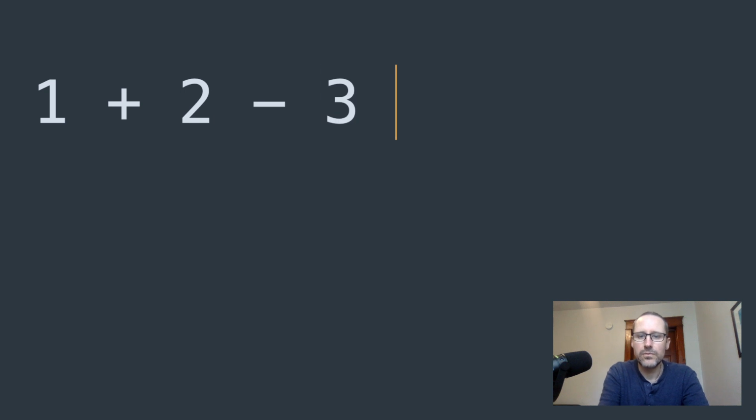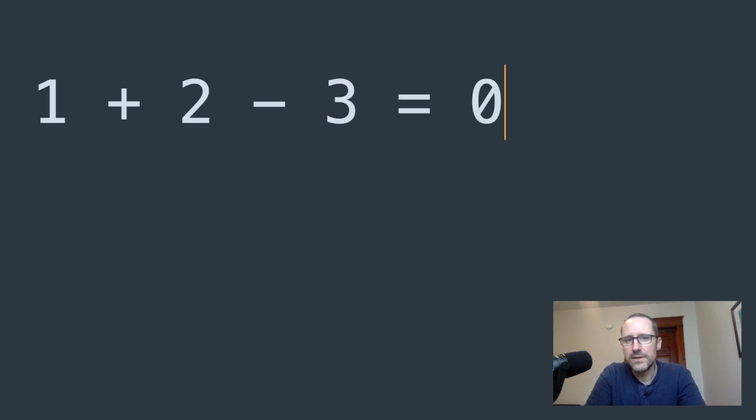So we're going to start simple, and let's say you just do 1 plus 2 minus 3. So if you take 1 plus 2, that's 3, and then you take 3 minus 3, well, then you end up with 0. But you can swap this around, right? The order of operations is parentheses first, then exponents, and then multiplication, division, addition, subtraction.